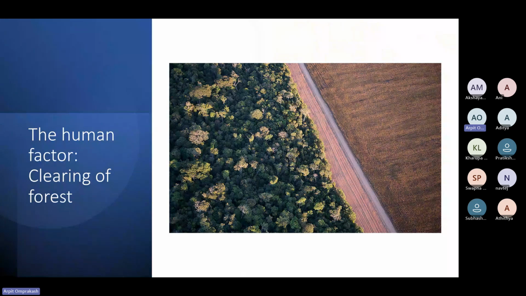For example, here we can see a huge forest on the left-hand side, but on the right-hand side there's probably a road and grasses or agricultural fields. This area and this area probably have the same climate, the same amount of rainfall and other factors. So these areas are similar, and these forests would naturally have been present here.